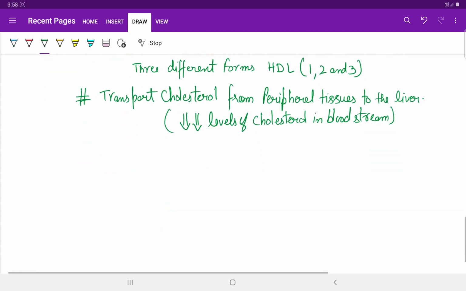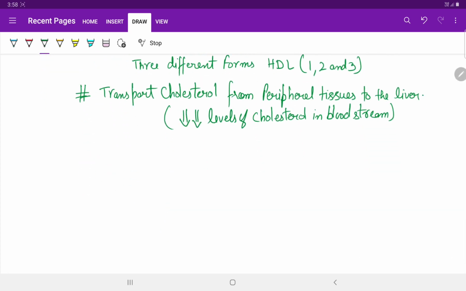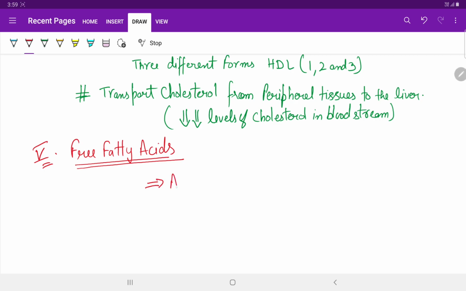Another, fifth type of lipoprotein is free fatty acids. The free fatty acids in the circulation are bound to albumin. These are always albumin bound.